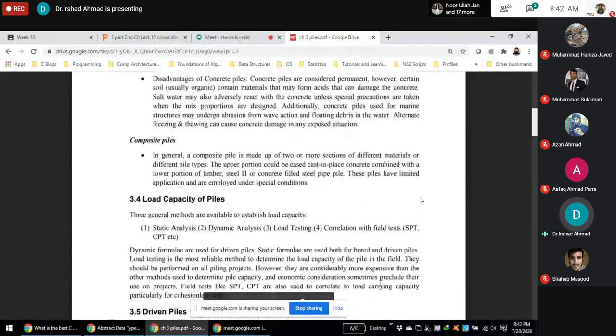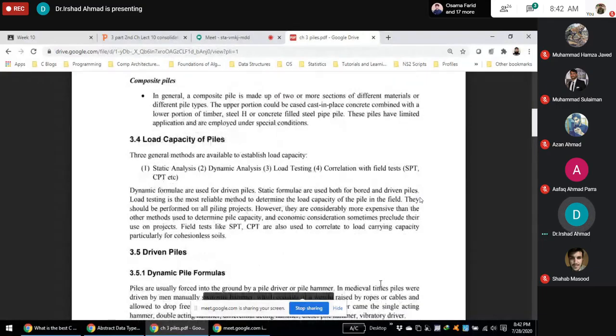Composite piles could also be used, but they are very, very rare, in which one material is at the bottom and another material at the top, like timber below the water table, and above you use steel or concrete.